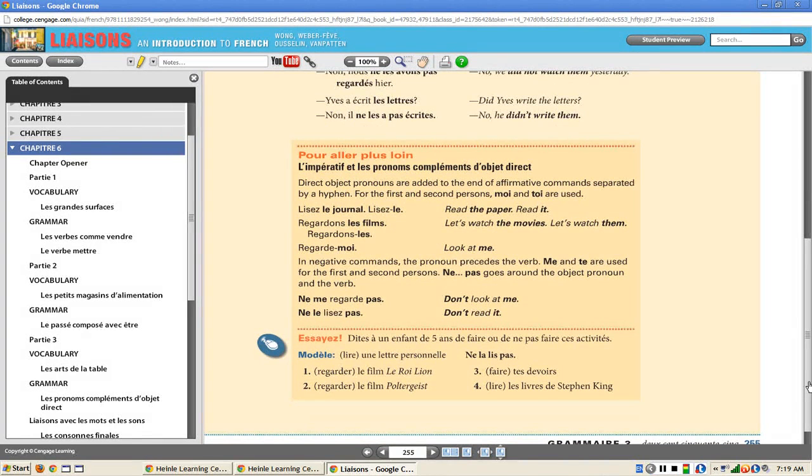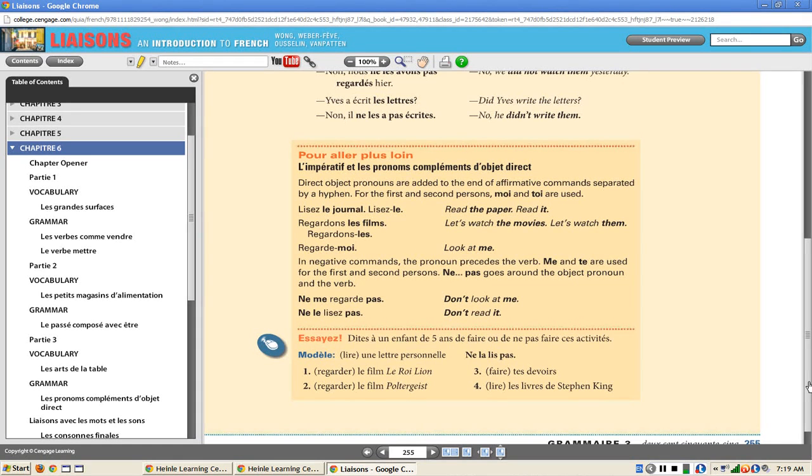We're taking out the subject pronoun to begin with. Instead of saying je lis, or I'm saying to you, lis. Instead of saying tu lis, I'm saying lis for read. Or vous lisez, I'm turning it around, lisez le journal.